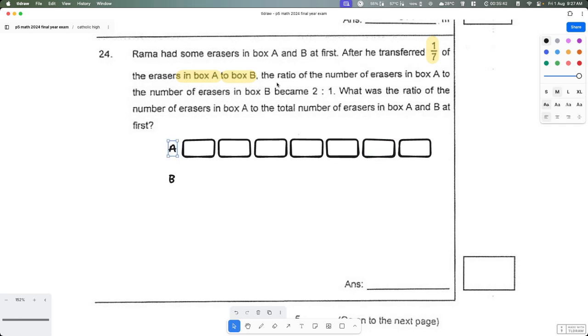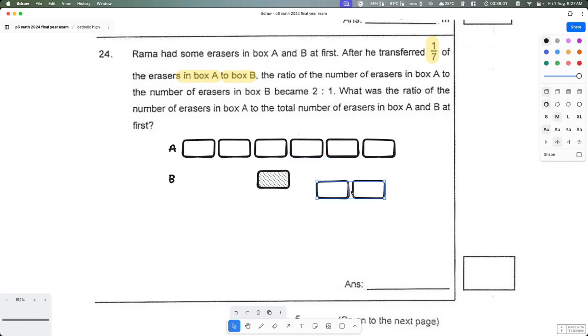And then once he gave 1 out of 7 to box B, the ratio from box A to box B is 2:1, which basically means A is twice B. So after giving to box B, that means 2:1, which is 2 units over here.